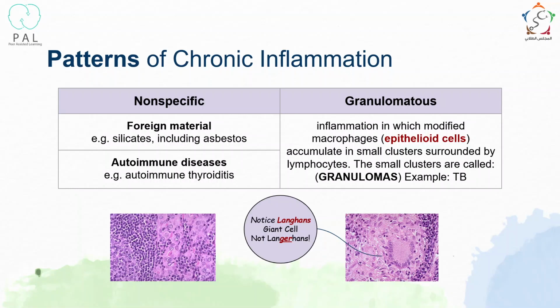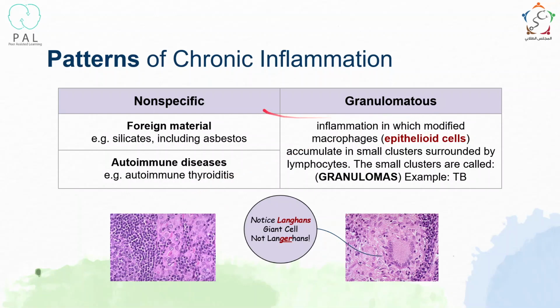Now the patterns of chronic inflammation. There can either be a non-specific pattern, so there's no distinguishing characteristic in the histological view, or it can be granulomatous.